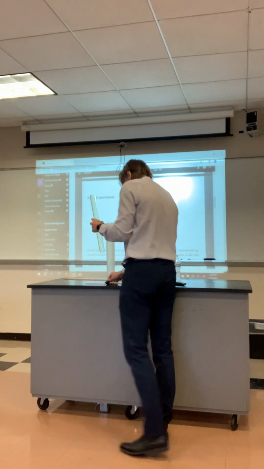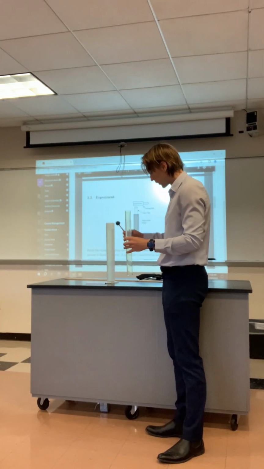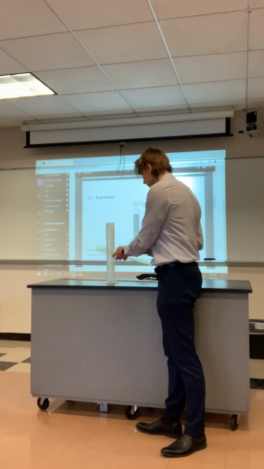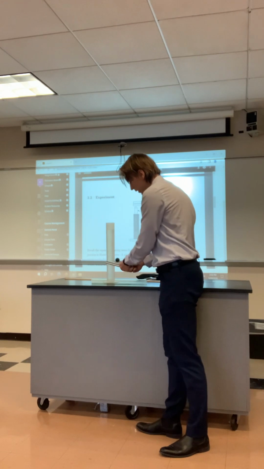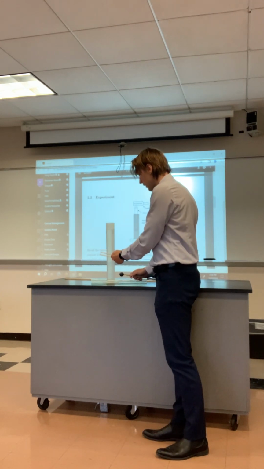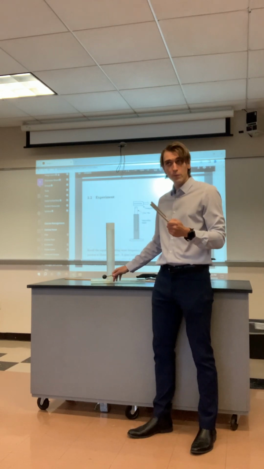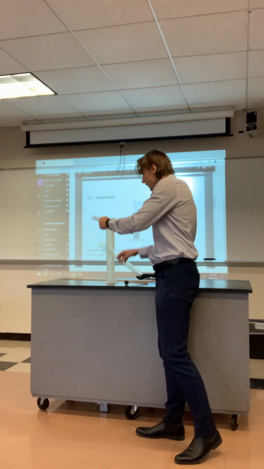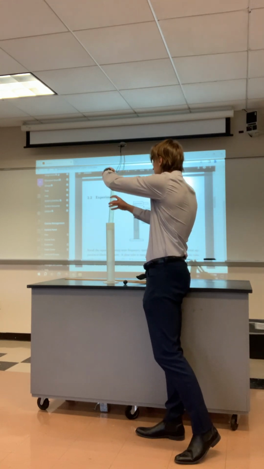You need 2 people for this. You're going to hit the tuning fork with the mallet. You can also hit it with your shoe, but you hit it with the mallet, and you're going to hear this low frequency. You hold it right above the tube and listen to the sound.